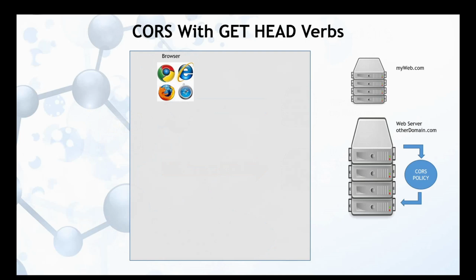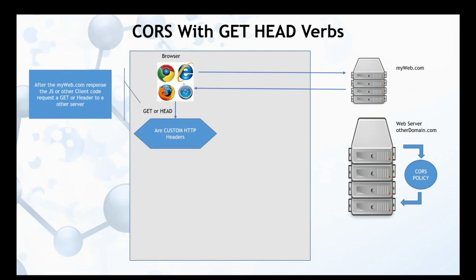Not all CORS calls in a browser are subject to the same rules. Let's see first what happens when the verb of the cross-origin call is a GET or HEAD. After the page is requested and loaded, suppose that the client code in the page makes a GET or HEAD request to another server. In this case, the browser parses the request to see if there are any custom headers there, for example, an authorization header.